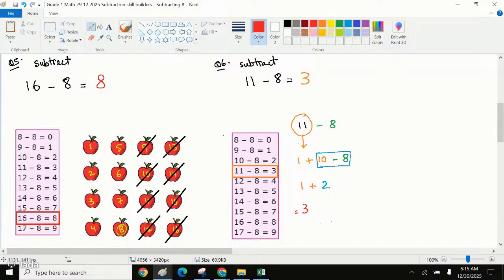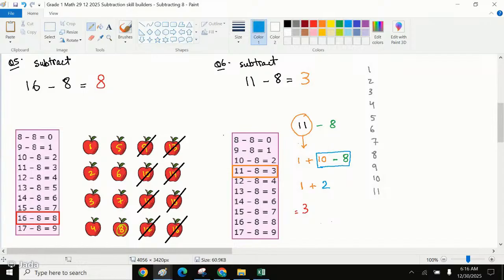Or we can use it through the grid, or what we can do is we can write the numbers. A third possibility is we write the numbers. 1, 2, 3, 4, 5, 6, 7, 8, 9, 10, and 11. So how many numbers do we need to remove?